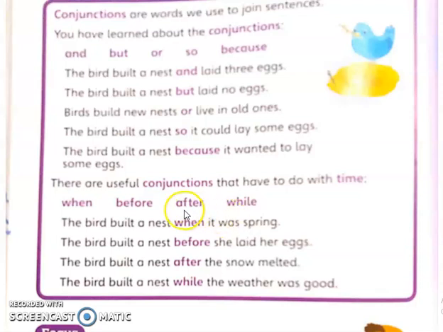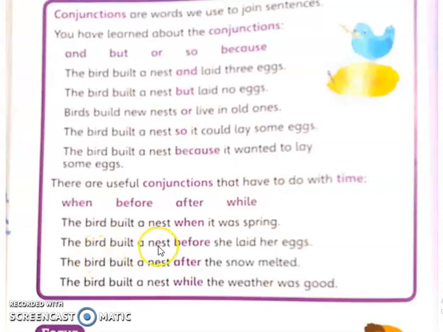So the other sentence, the main clause, will explain that. The bird built a nest. So these are the conjunctions that join or link a subordinate clause and a main clause, and they express time.